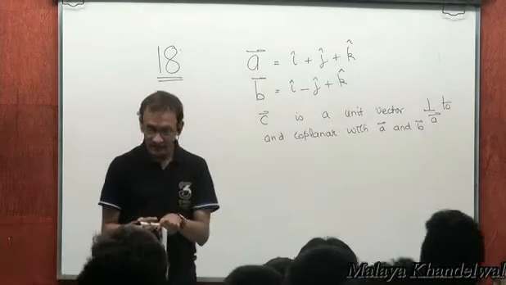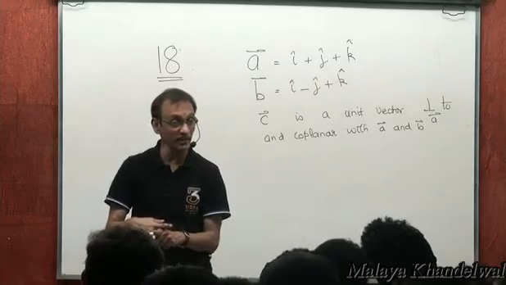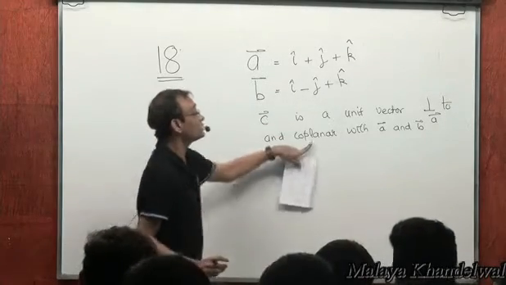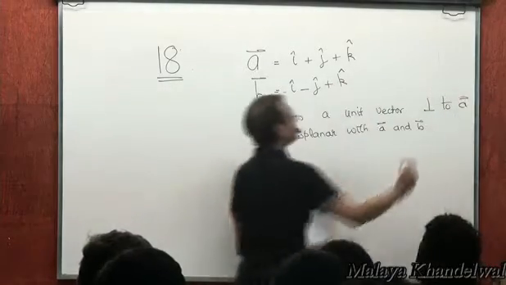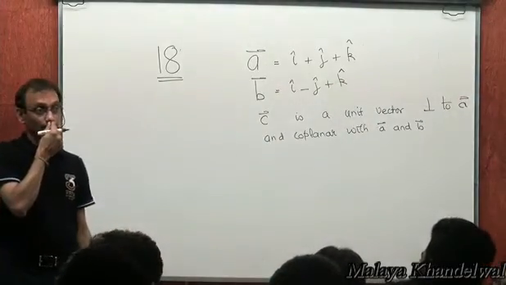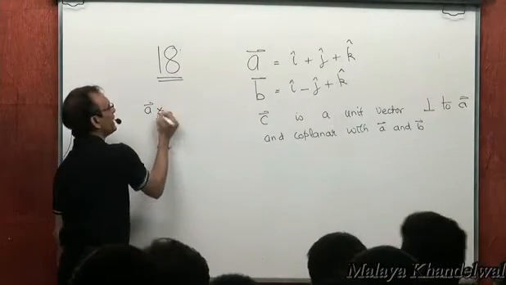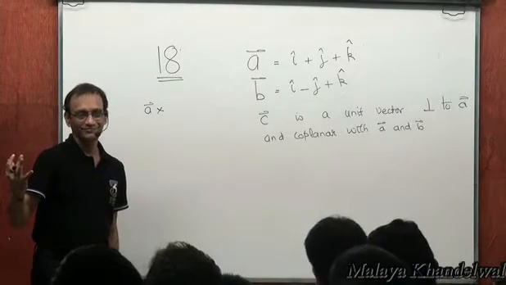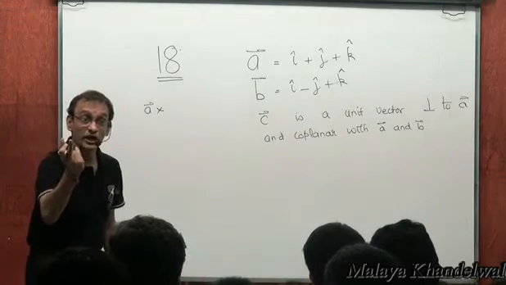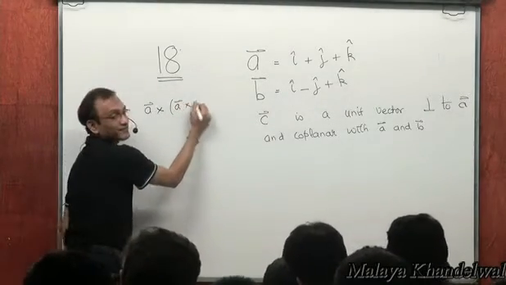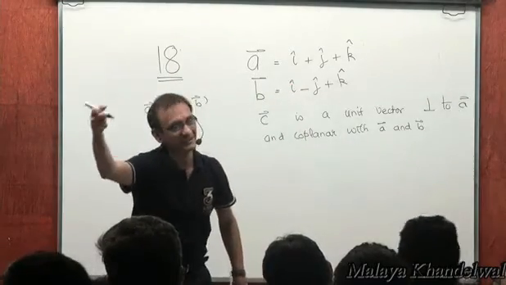See, in the same plane, if this is A, then in the same plane I could have had a vector perpendicular to A and coplanar with A. C is a vector perpendicular to A and coplanar with A and B. Perpendicular to A means it will be A cross something. A cross something will always give me a vector perpendicular to A, but a vector lying in the AB plane, A cross B cross C will always be a vector in the BC plane.